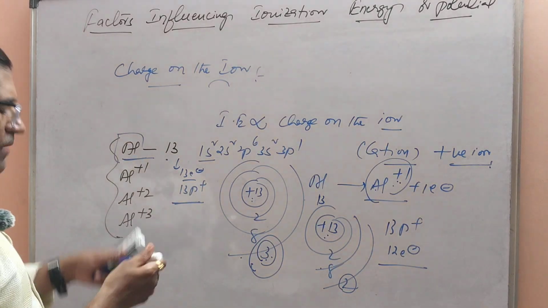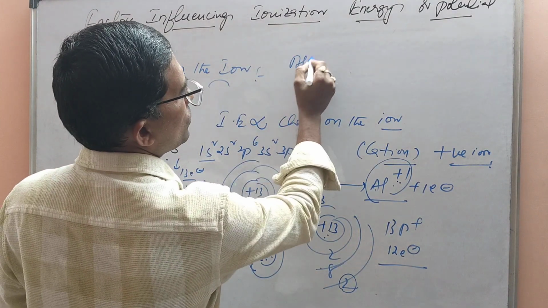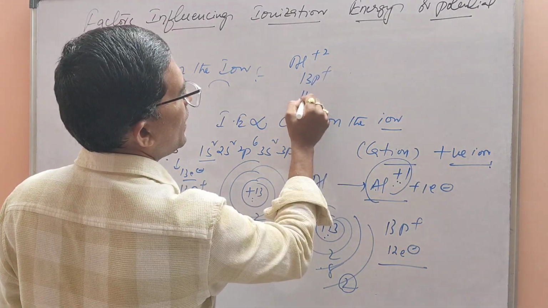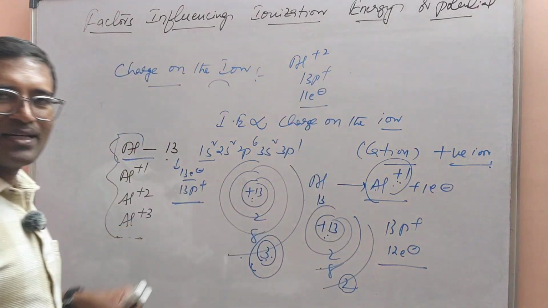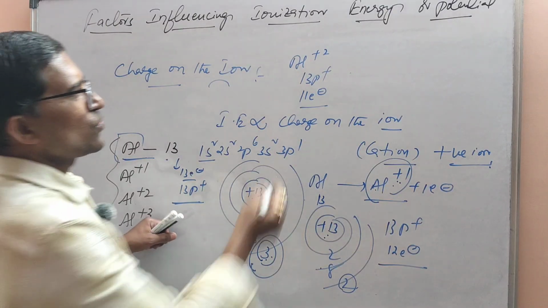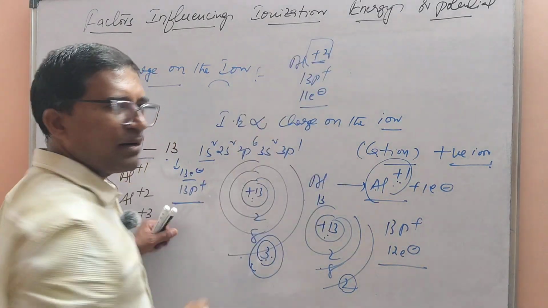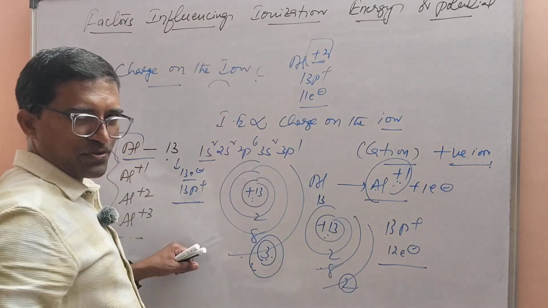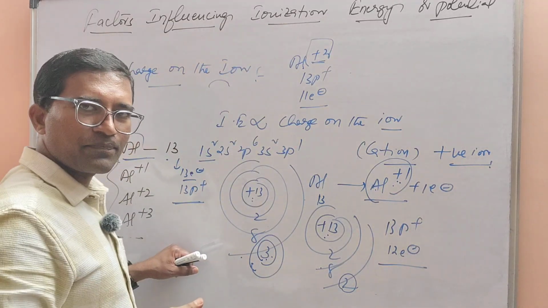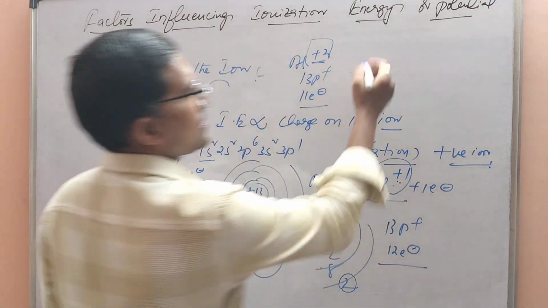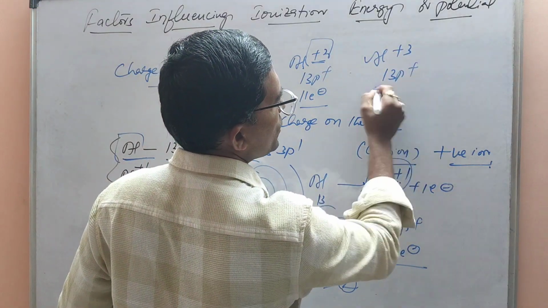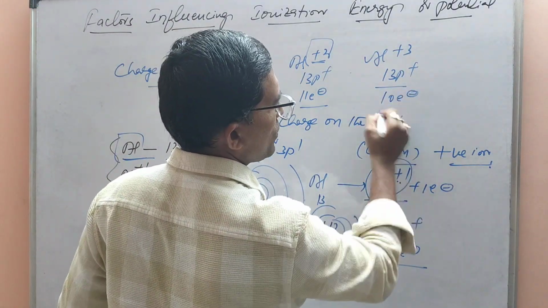Now if I go with Al plus 2, it contains 13 protons and only 11 electrons. So there is more charge on the cation Al plus 2, more attractive force, and you require much more energy. Go to the third case, Al plus 3. It contains 13 protons and only 10 electrons.